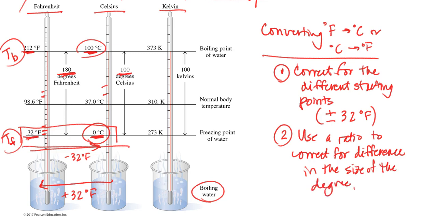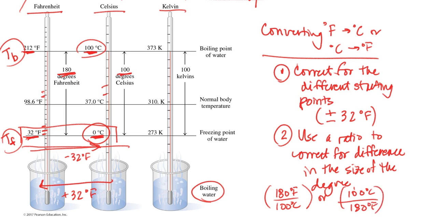That would mean I'm going to have to either divide 180 degrees Fahrenheit by 100 degrees Celsius, or the reciprocal, 100 degrees Celsius over 180 degrees Fahrenheit.